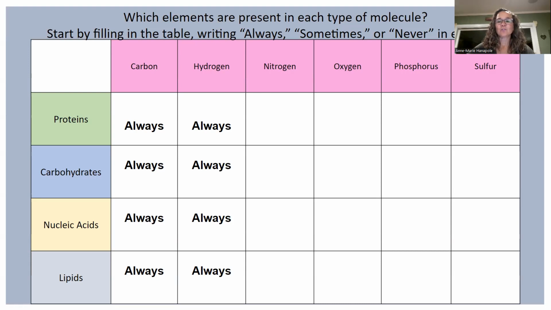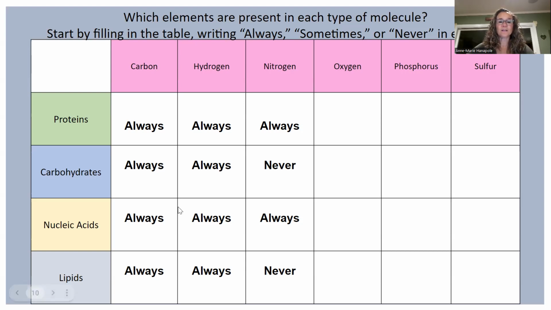Then when we get to nitrogen, we're going to find nitrogen not in everything, but in some things. We're going to find nitrogen in our proteins, because when we look a little bit later at the structure of a protein and an amino acid, we're going to see that there's nitrogen in there.